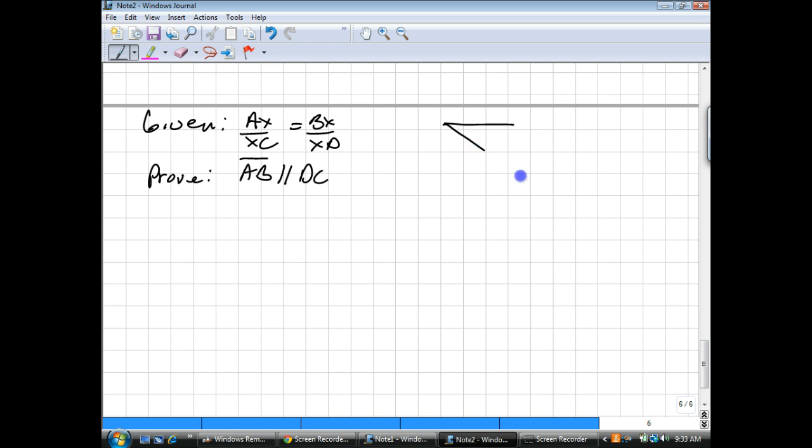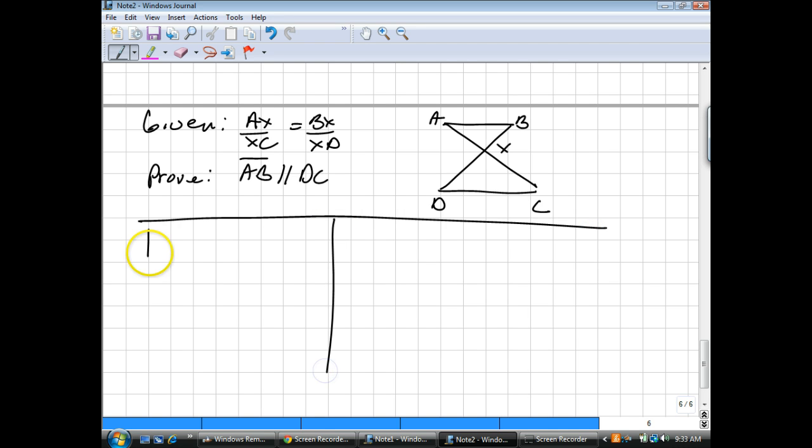And then here's my picture. Okay, so number 1 is my given. AX is to XC as BX is to XD. That's my given.